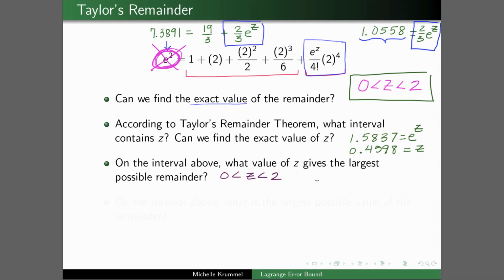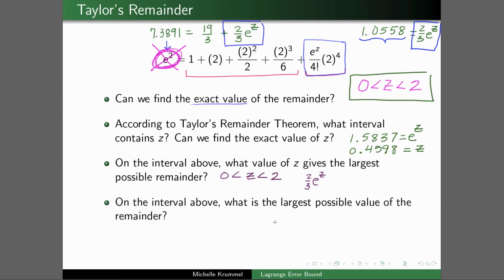So what value of z between 0 and 2 is going to make e to the power z times 2/3 as large as possible? Well, this is going to be as large as possible when z is as large as possible. And the largest possible value for z is 2. That is our upper bound for z. So what is the largest possible value of the remainder? Well, it would be 2/3 e to the power 2.